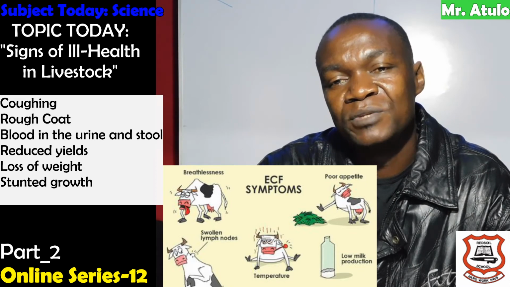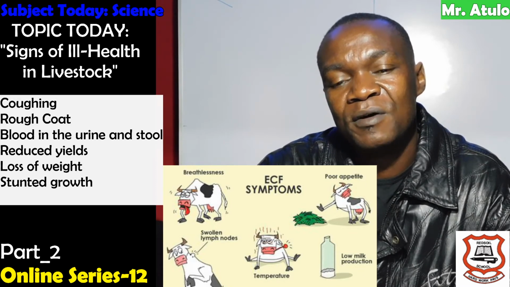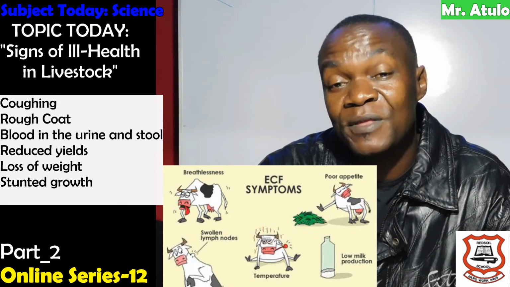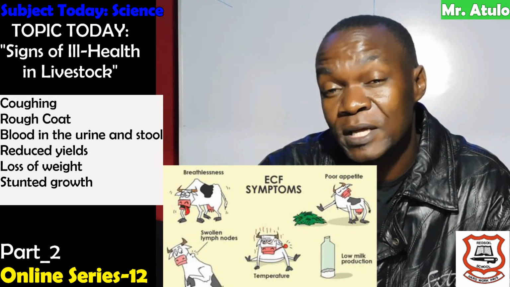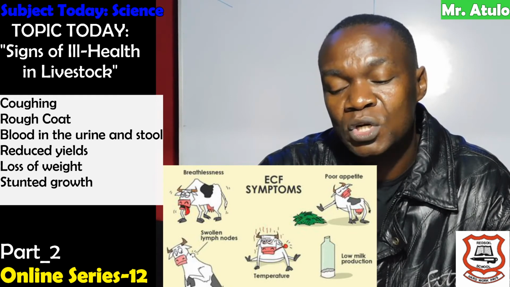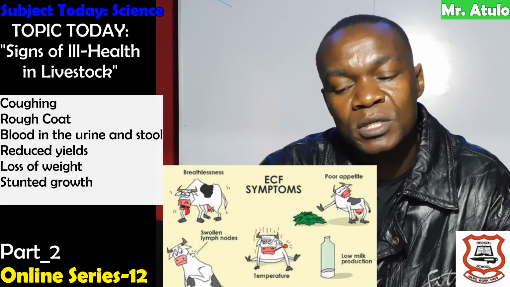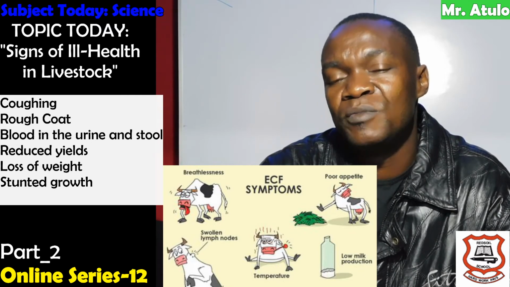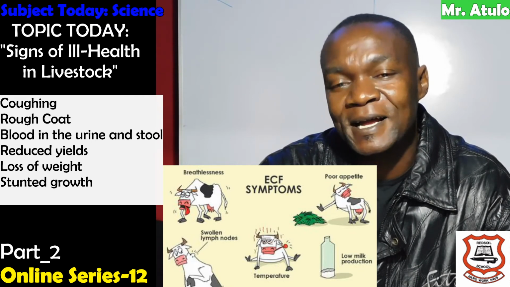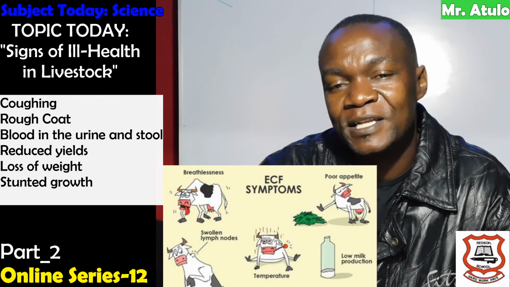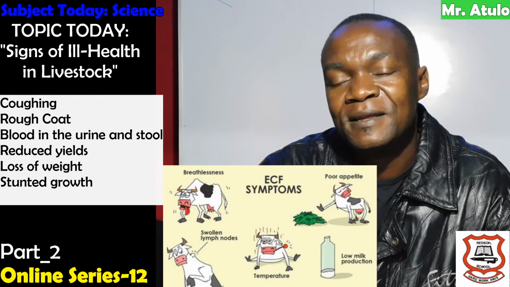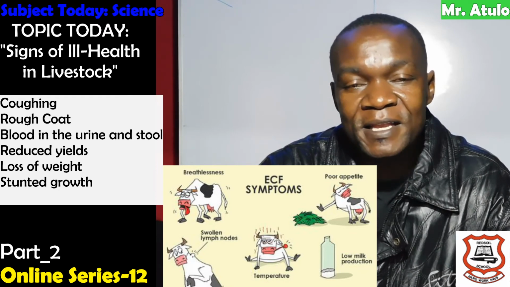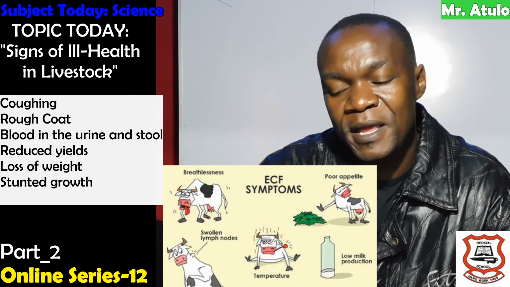And if the coat is rough, this will tell you that the animal is not normal, because generally it is supposed to have a glossy coat which is shiny and smooth. Even if it's dark colored, it should be shiny and smooth. But anytime it's dull colored and rough, that is an indication of an animal being unwell.